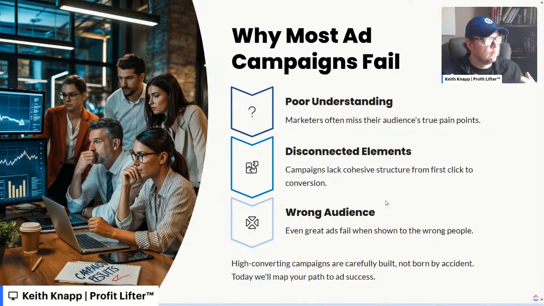I'm a big John Maxwell fan. He teaches a lot on leadership, and I think there are a lot of parallels with leadership that coincide with marketing and sales. One of the quotes that I absolutely love is, "You don't ask for somebody's hand until you've touched their heart." Meaning that if you cannot connect with somebody emotionally, they're not really going to care about what you have to say.